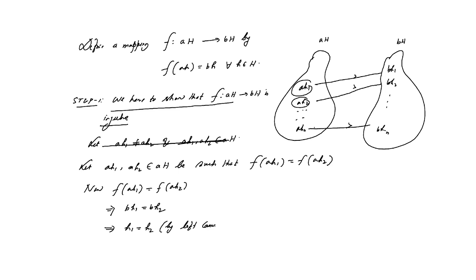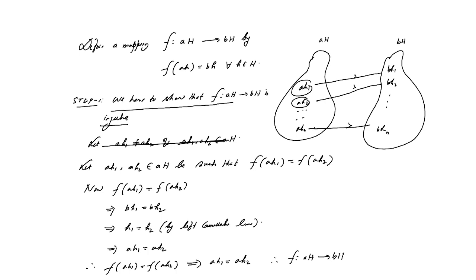You know, in a group, the left cancellation law must hold. And from that, again, we can write ah1 equals ah2. So what we have proved here is that f of ah1 equals f of ah2 implies ah1 equals ah2. So that means the map from aH to bH is injective.